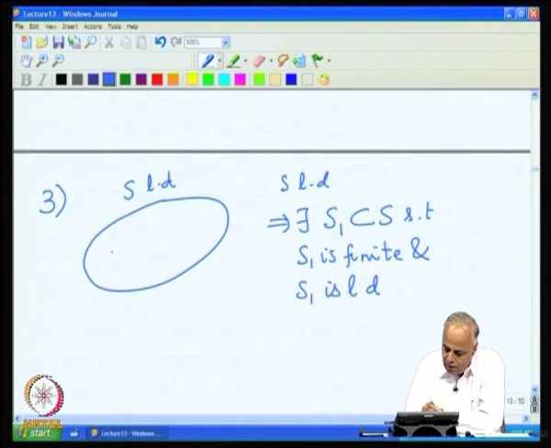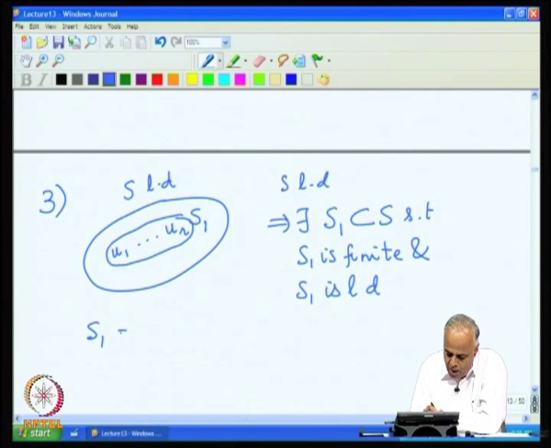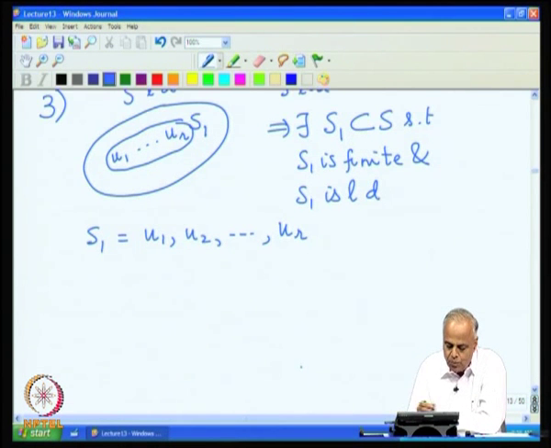So, here is the set S1, U1, U2, UR. I have a linearly dependent set. The moment it is linearly dependent, it must contain a finite subset S1 which is linearly dependent. So, we are writing S1 as U1, U2, UR. Now, since S1 is linearly dependent, what does that mean?